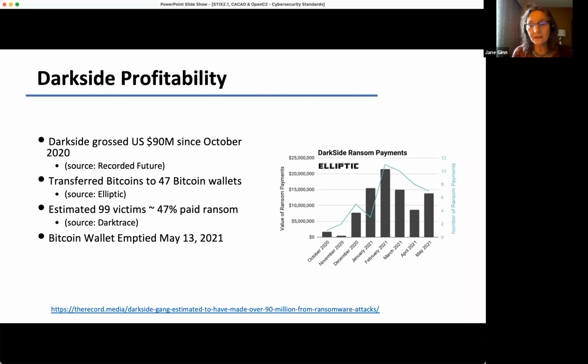And Elliptic, the company I'm citing here, had identified 47 different Bitcoin wallets that DarkSide had transferred money into. So that indicated that they had identified at least 47 affiliates. And they also were able to identify some other factors that were interesting in that about 47% of the victims paid the ransom. But we learned later that the DarkSide Bitcoin wallet was emptied on May 13th.